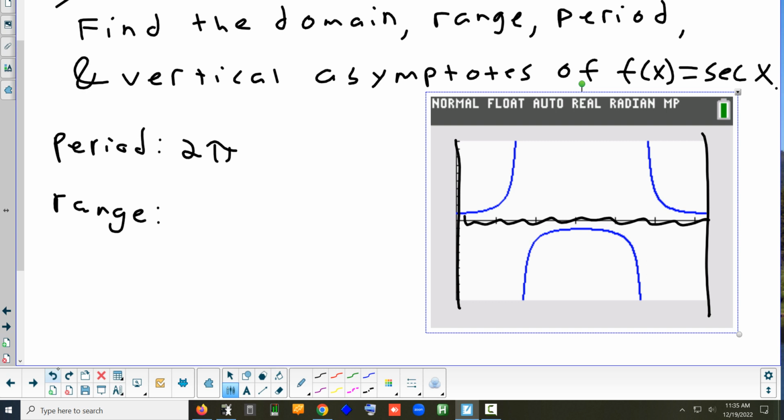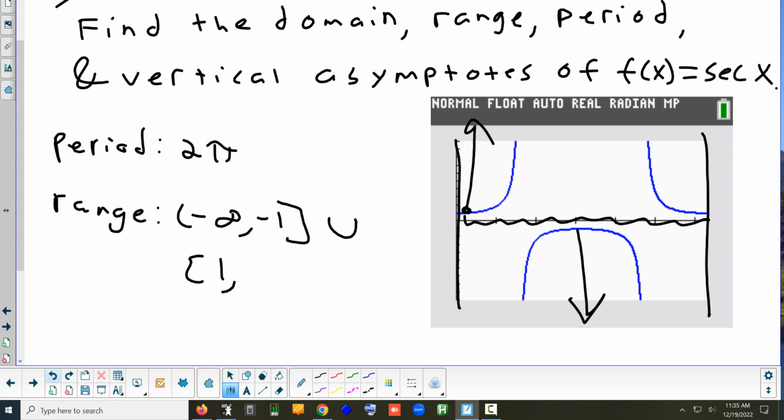It's everything except -1 and 1. So how would we describe, instead of what it isn't, what it is. Negative infinity, comma negative 1, close bracket. So that describes everything from here down. Now I need here up. 1, comma infinity. So there's your range.